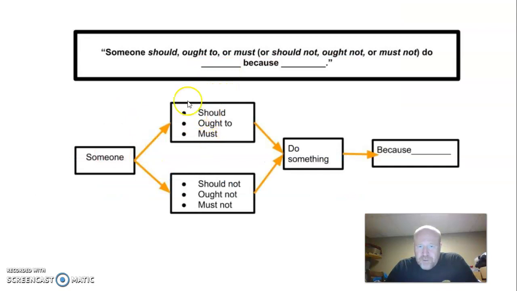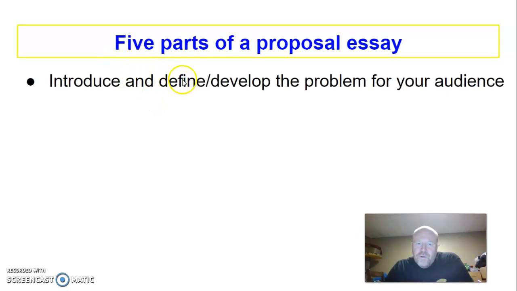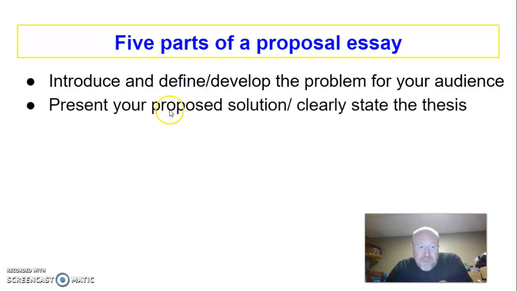We're going to use this template in the next video, and your planning organizer and your thesis statement will look like this. There are 5 parts of a proposal essay, which again you would see in that sample essay. First, introduce, define, and develop the problem for your audience. You need to tell them, here's a problem, here it is, look at it, see it.